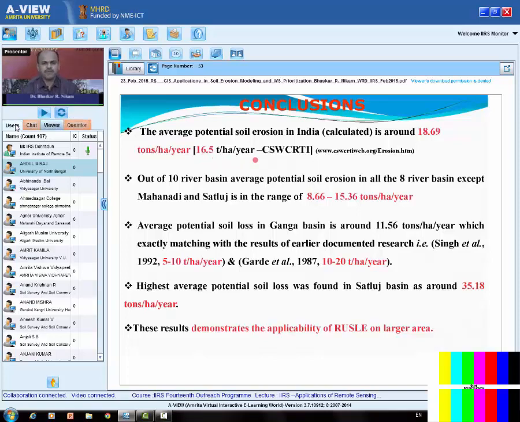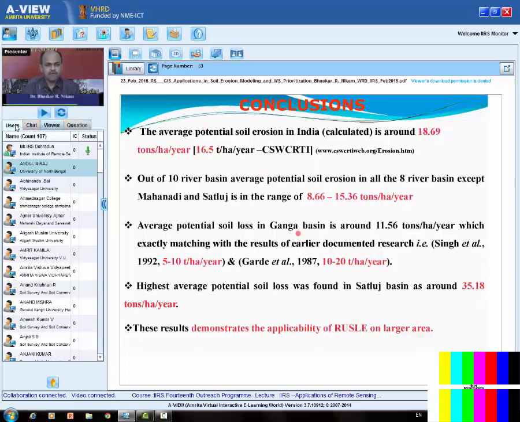So we can say that they are pretty close to each other, because for a country scale this much difference doesn't actually count. Now for river basins, as you can see, out of 10 river basins, potential soil loss in 8 river basins except the Mahanadi and Satluj is within the range of 8.66 to 15.69. So it is well within this limit.